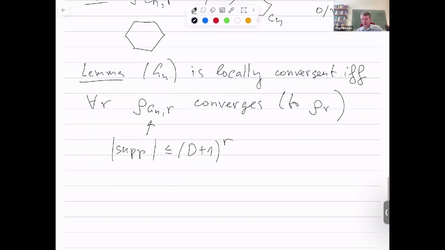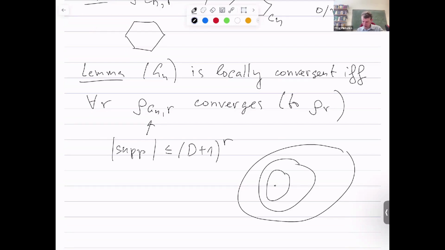Yeah, and one implication is easy. Suppose I choose R such that I can fit my copy of F inside a ball of radius R, or more precisely, if I can find a vertex X in F such that every other vertex is at distance at most R. Then each copy of F would be lying in some R ball.